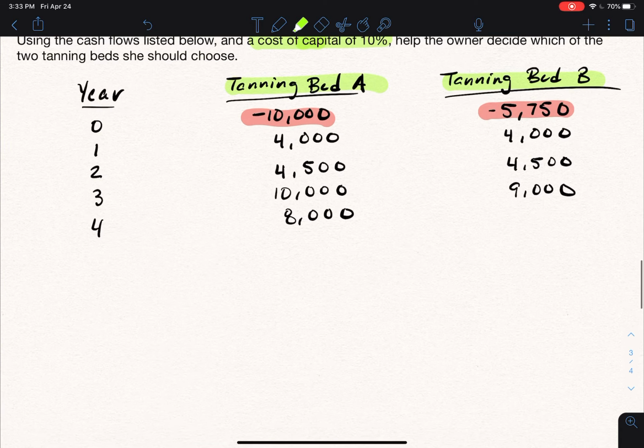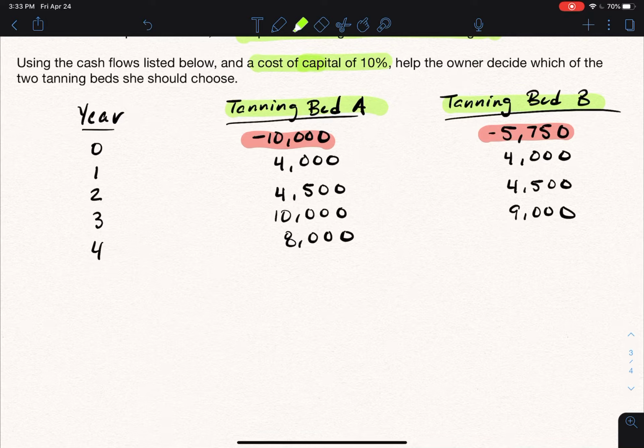The first method that we can use is called the replacement chain method. And I've already got our cash flows written out there for you. Here's what the replacement chain method basically does. It uses algebra, and it basically says, okay, we need to find the net present value of each project.